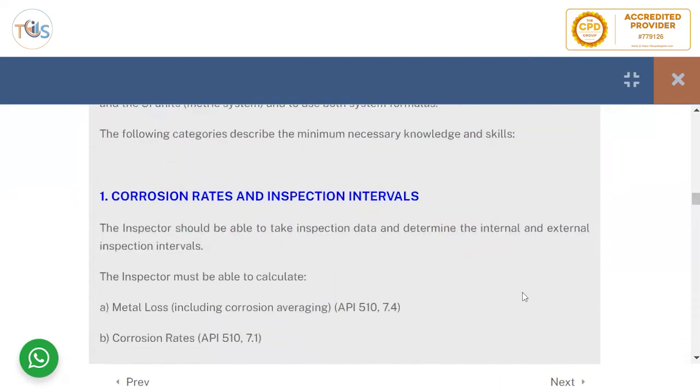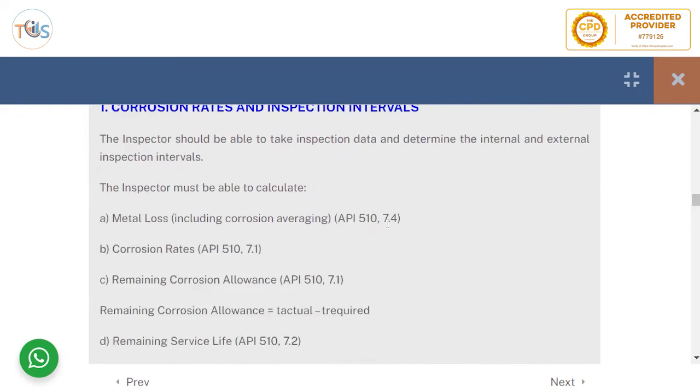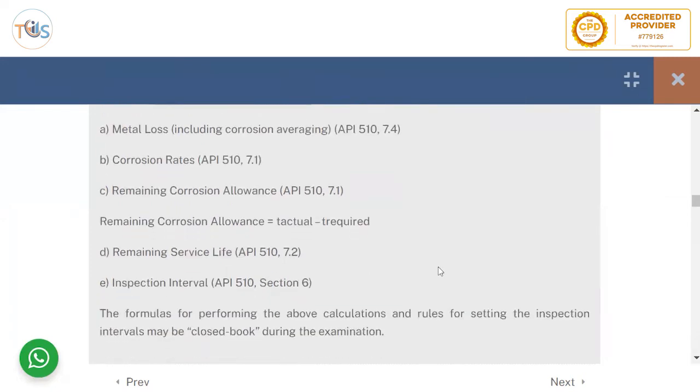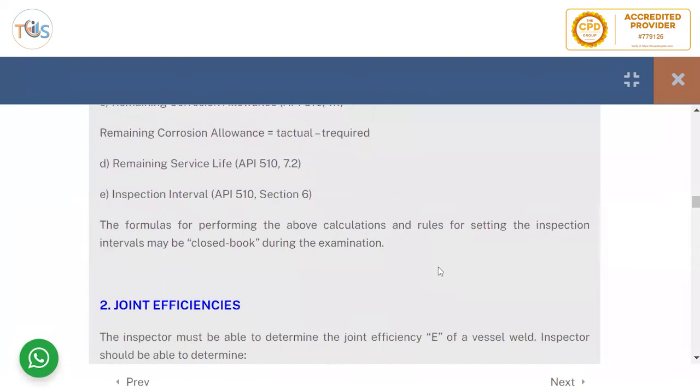And you should be able to determine the corrosion rates and the inspection interval, the metal loss, and they have referred to these sections, API 510, 7.4, 7.1, and 7.2, and remaining service life and remaining corrosion allowance. Very simple calculation, and then finally you find the inspection interval.